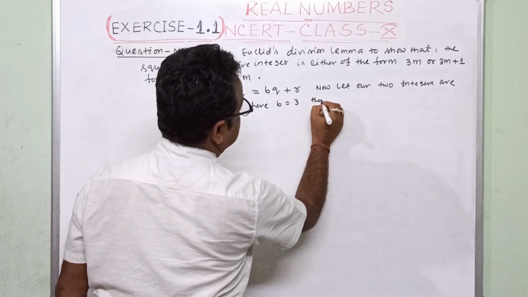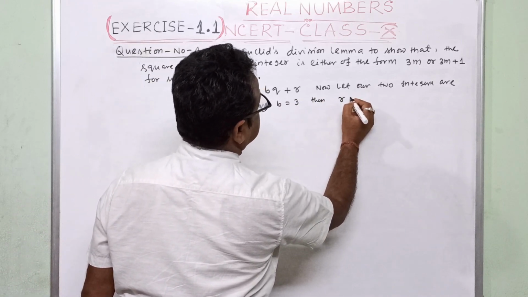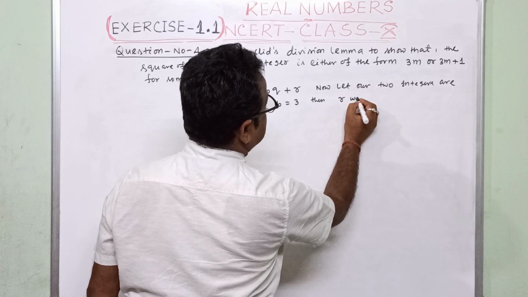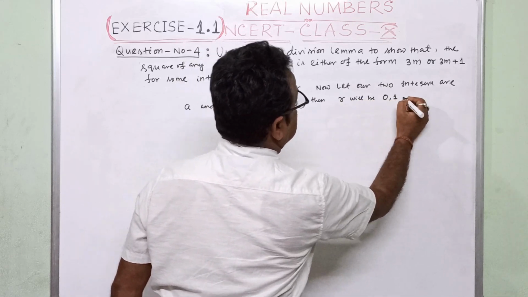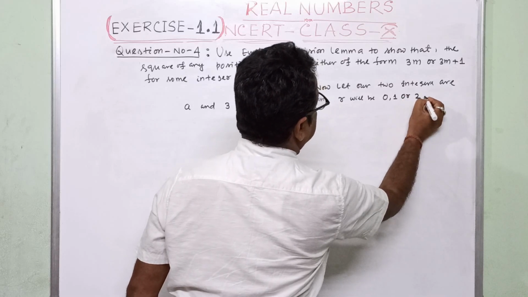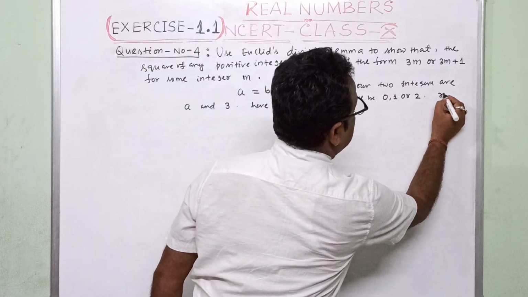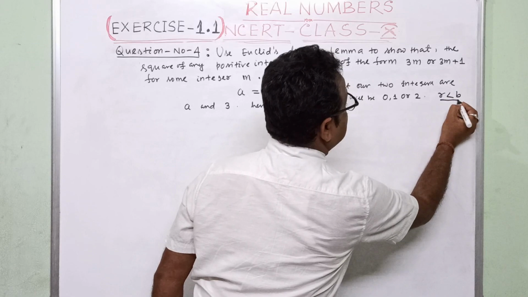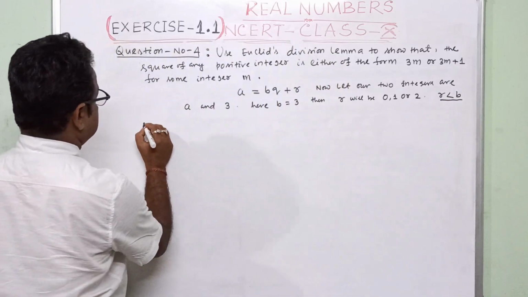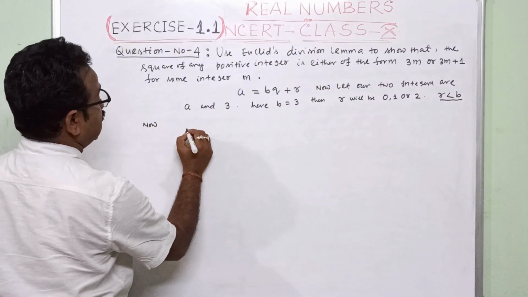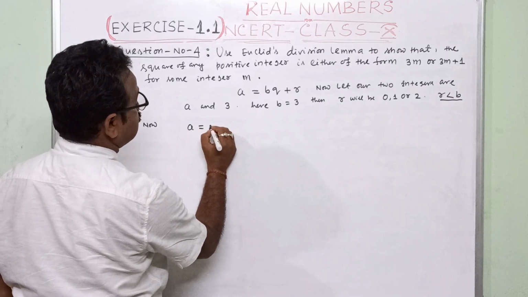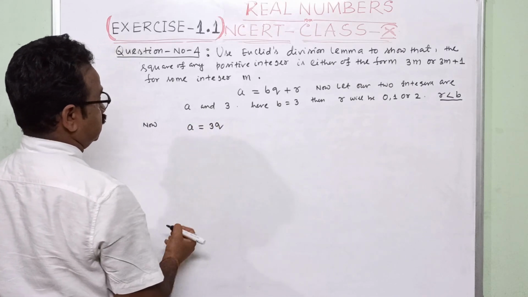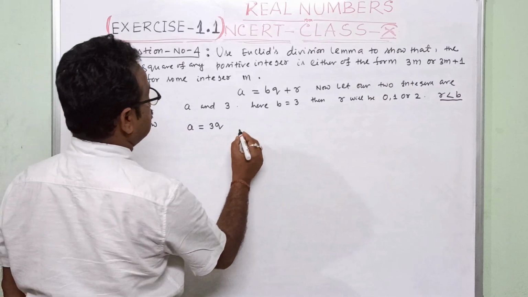Then r will be 0, 1 or 2, so r is less than b. Now a is equal to how much? a is equal to 3q.